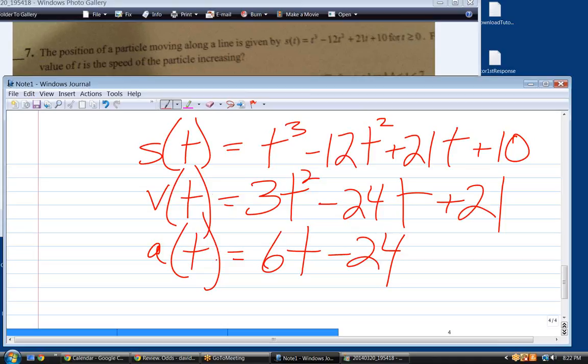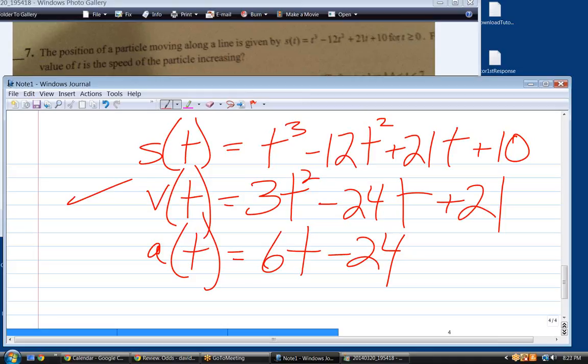That's the relationship between a function and its first derivative. If the function is increasing, first derivative is positive. If the function is decreasing, first derivative is negative. So I can figure out where the velocity is increasing, which will be part of the answer. That's where acceleration is positive.